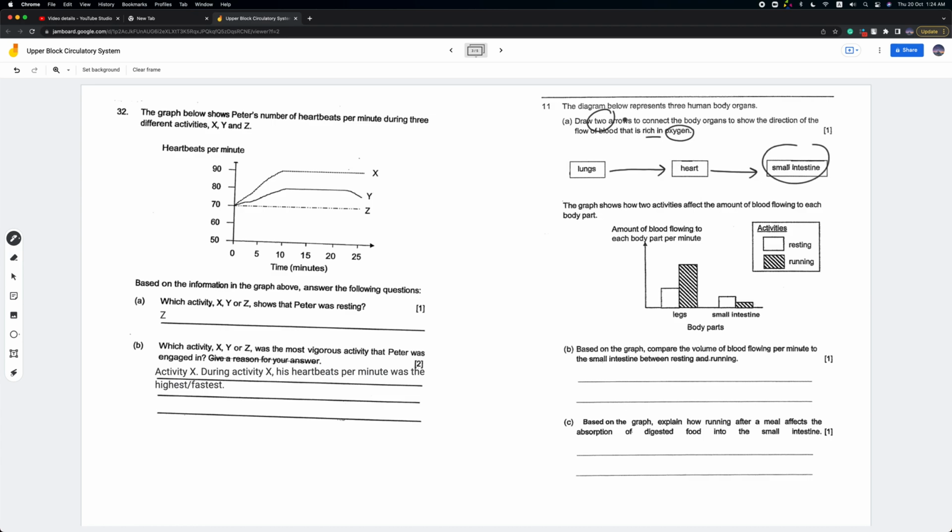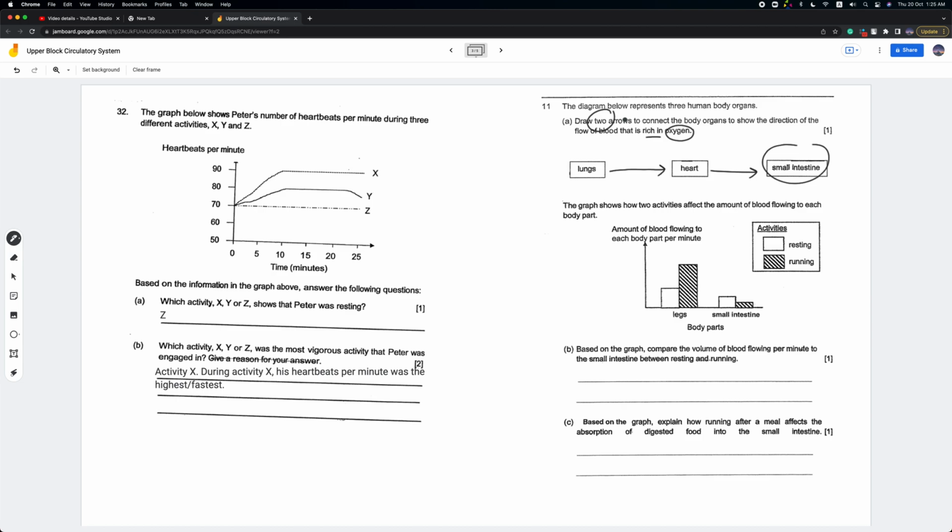Now for the small intestine, it's quite interesting, because sometimes they ask about the amount of digested food also. So remember one more thing: when the blood has passed through the small intestine, it is of course rich in carbon dioxide, but it is also rich in digested food, because we learn in the digestive system, digested food is absorbed into the bloodstream through the walls of the small intestine.